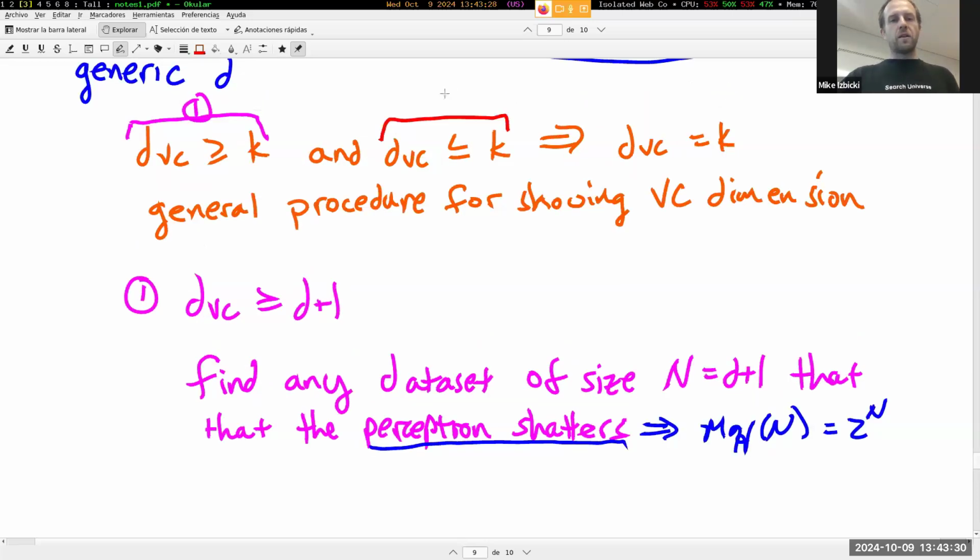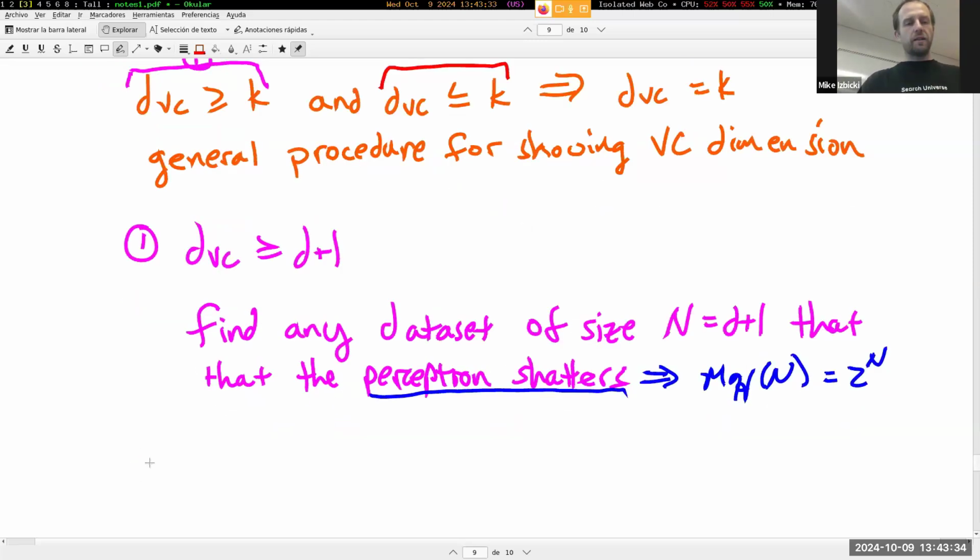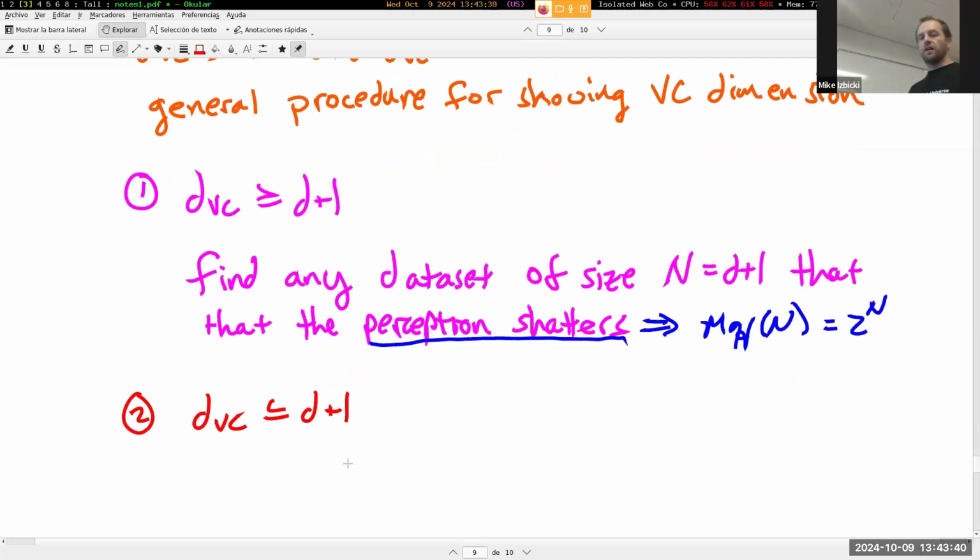The other bound, part 2 right here: in order to show that the DVC is less than or equal to D plus 1, it's not enough to show one data set that we cannot shatter.